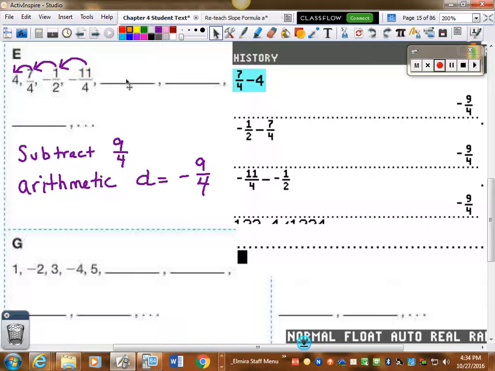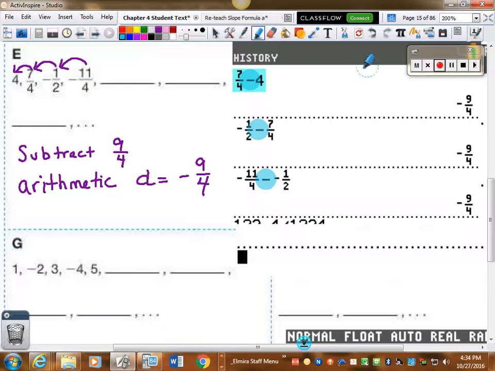You're not going to just look at those numbers and get it. You're going to have to do calculator work just like I did to figure out your D, see that it was the same. How do I know it's a D and not an R? How do I know it's arithmetic? Because I am subtracting every time to get those numbers. Adding and subtracting are arithmetic. Arithmetic starts with A, and A starts the word add.